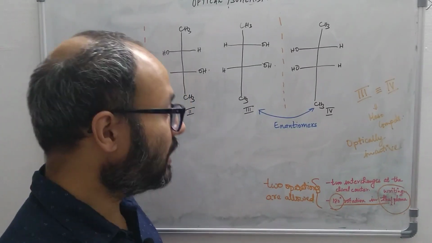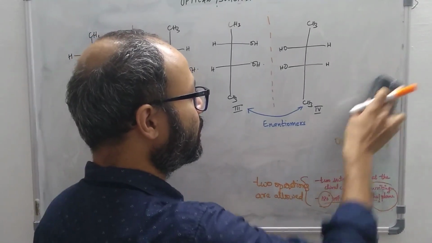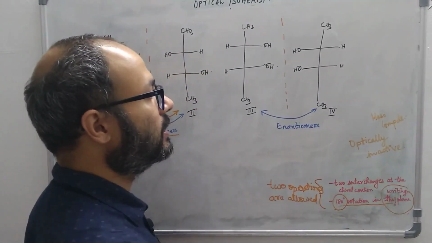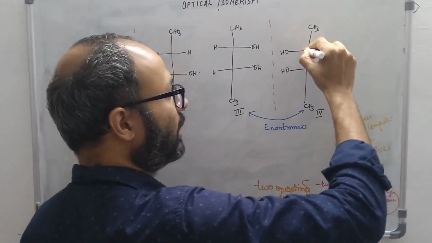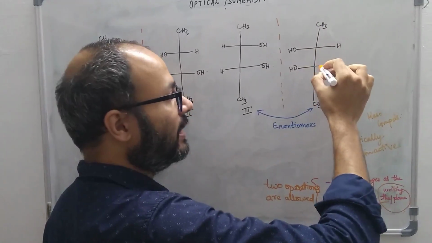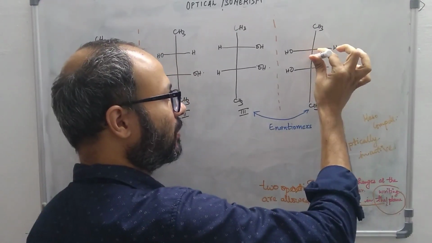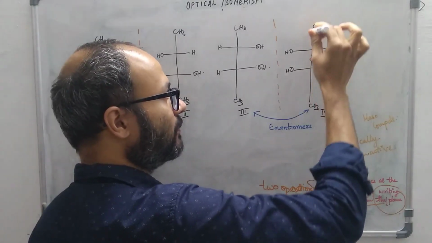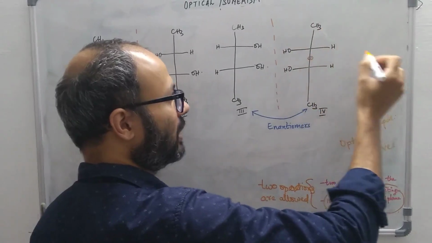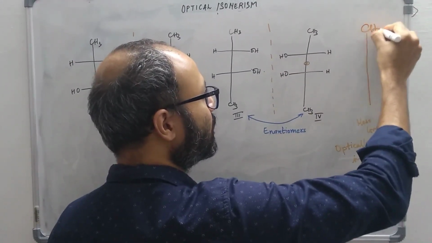So that is what I'm going to show you here. If I rotate this molecule by 180 degrees across this axis, that is, the axis of this pen passing through the center of this molecule, how would it look? It would look something like this.